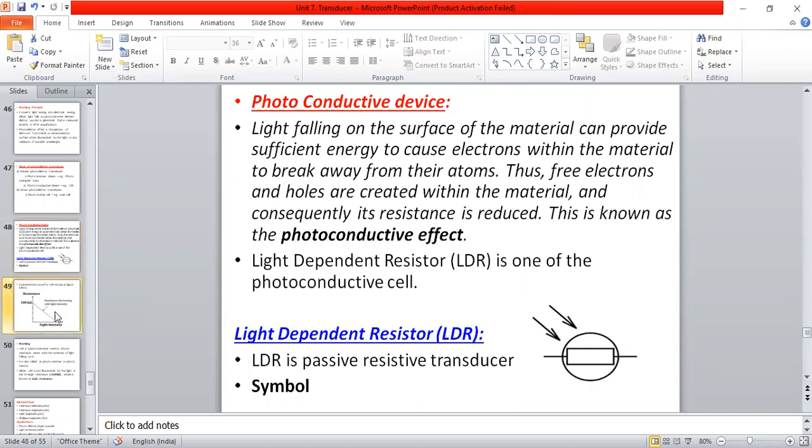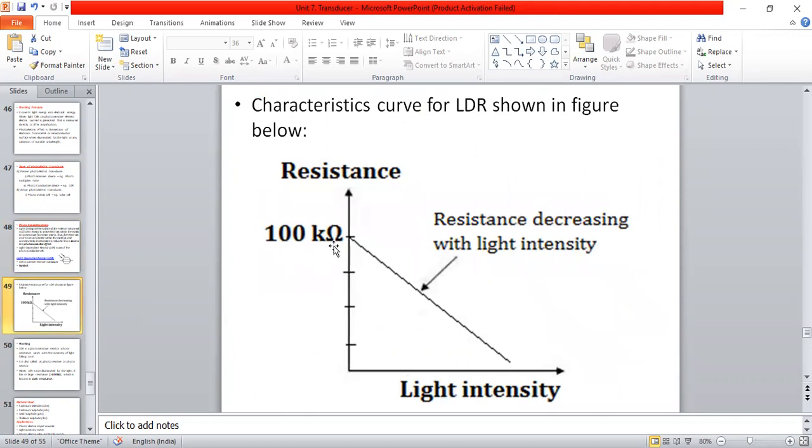Here, 100 kilo ohm resistance is there when the light intensity is 0. When the light intensity increases, the resistance starts to decrease. Is it clear?